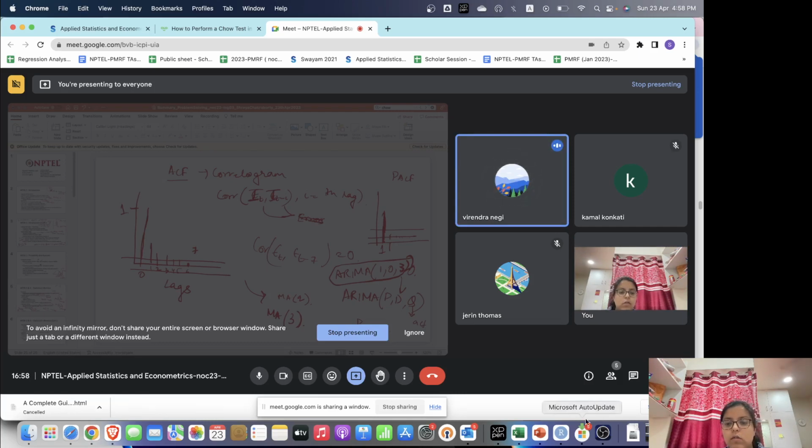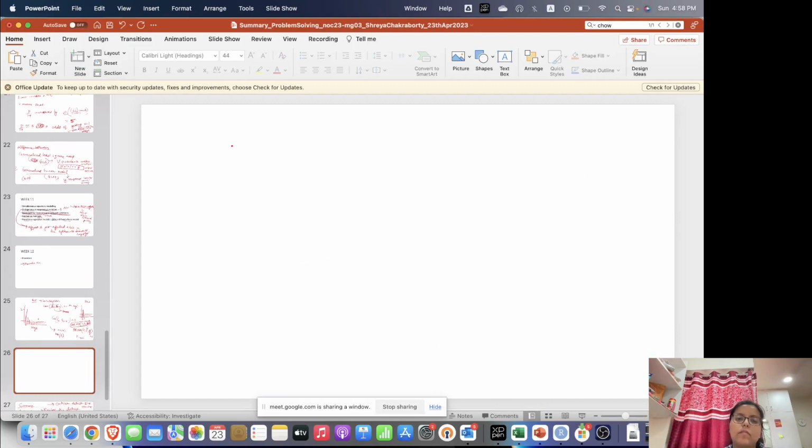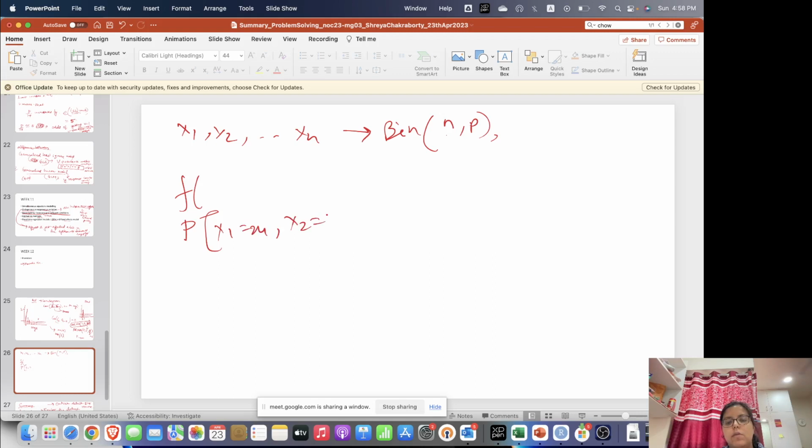Okay, so suppose you have a random sample, let's say from a binomial distribution. Then the probability that X1, X2, and so on, the joint probability, since it's a random sample, X1 doesn't depend on X2.